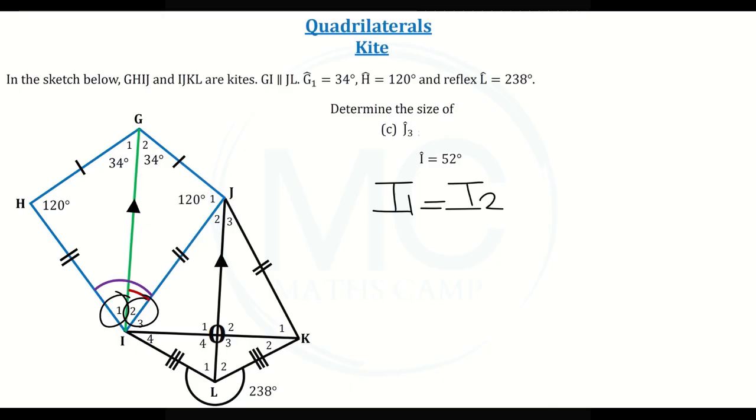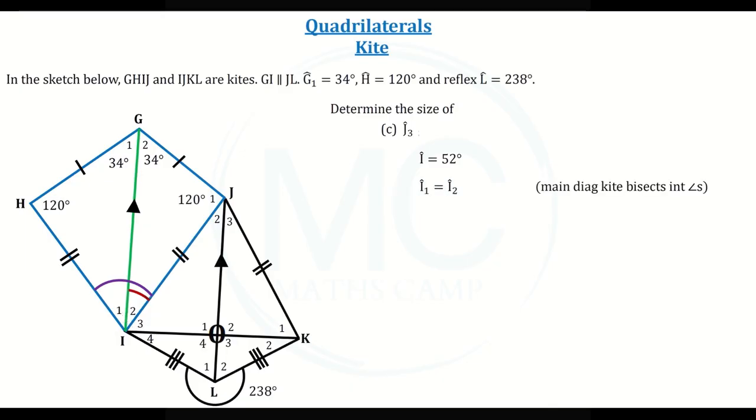And as our reason, this is because the main diagonal of a kite bisects interior angles. So if the whole angle of I is 52 degrees, then angle I2 must be half of that. So we can see that angle I2 must be equal to 26 degrees.